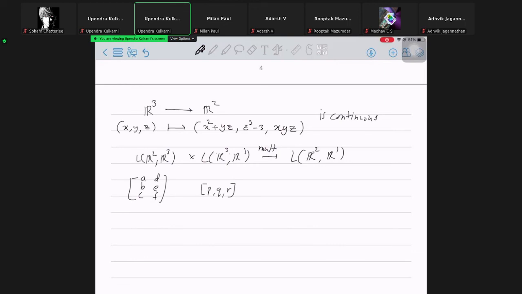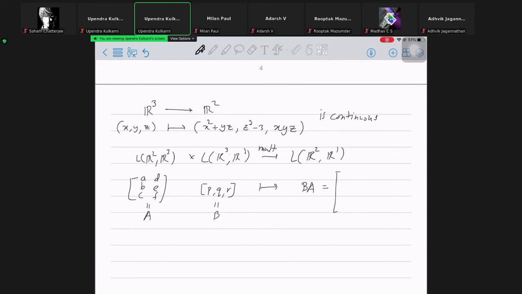Of course, if I call this matrix A and this matrix B, then the multiplication is really BA, because I'm first doing the operator A, then doing the operator B. That means BA. So what is this matrix? It's very easy to write down.